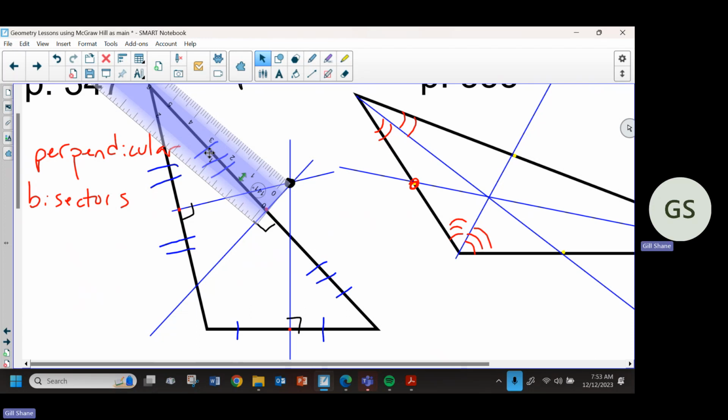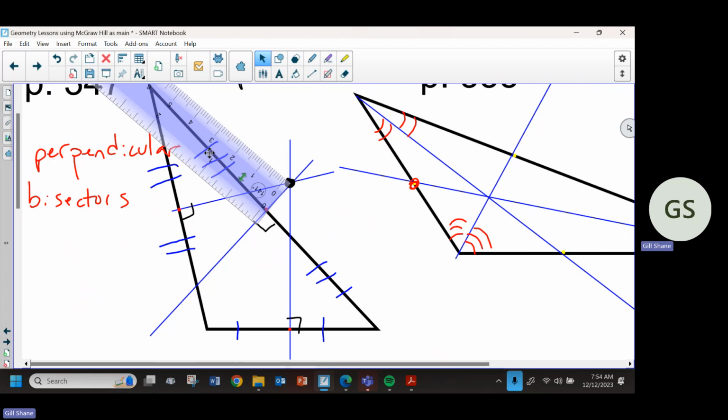There are 90-degree angles at all of those intersections. So that's two things. And then the last thing is the distance to every vertex from that circumcenter, which could be inside the triangle. If you look in your book, the circumcenter of both of those triangles on 347 is inside the triangle. So it can be outside, it can be inside, but the distance will always be the same.